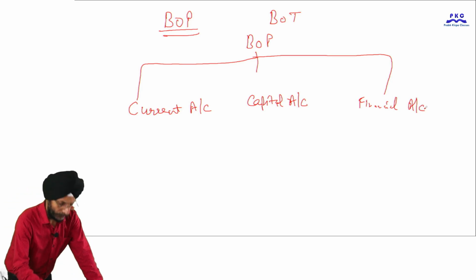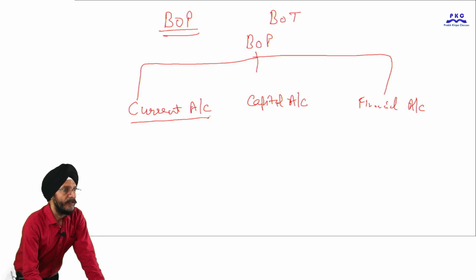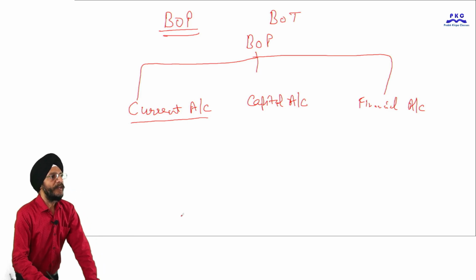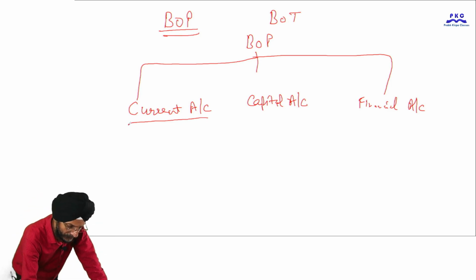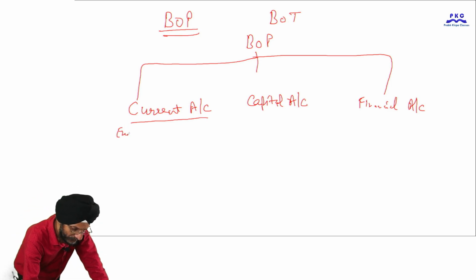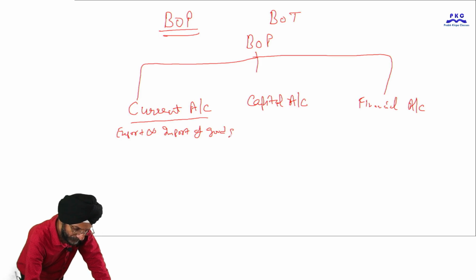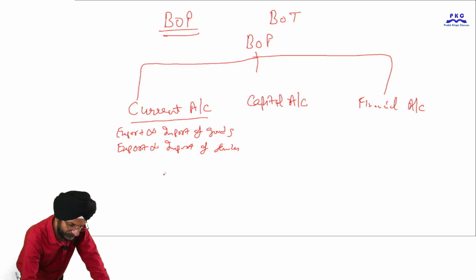In the current account, we take into account or record the transactions which pertain to export and import of goods. Then we record in current account the transactions related to export and import of services.